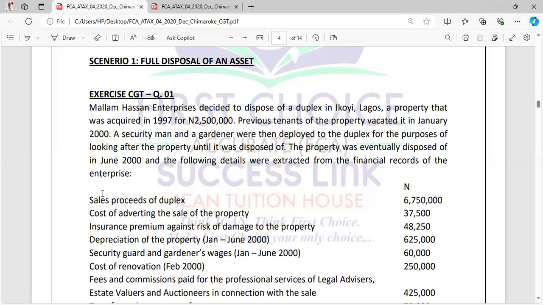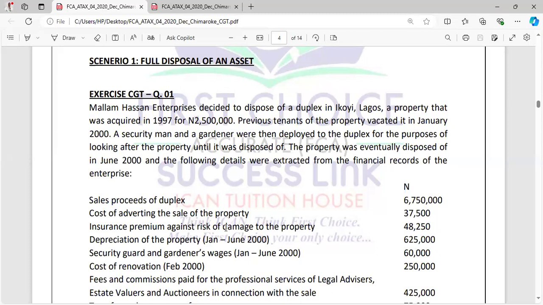This is how much it was sold for: 6,750,000. So that's the disposal, cash from disposal. Now we have cost of advertising the sale of the property. Okay, so that is an allowable expense because this is incidental to disposal.